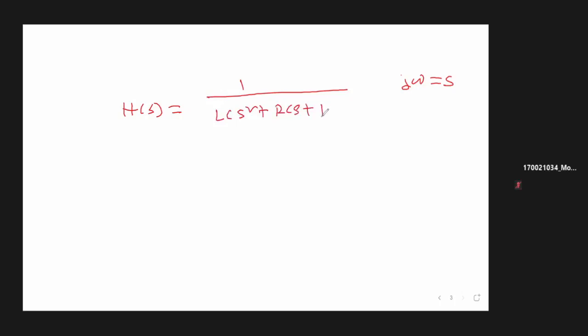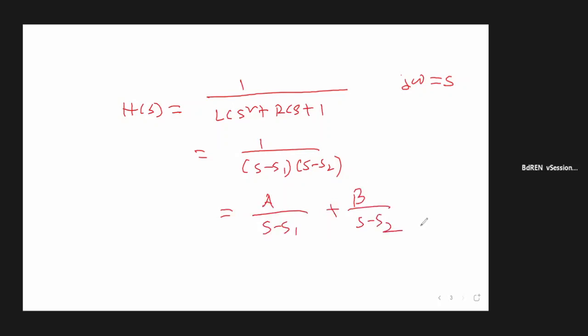Yes, sir. Then can't we, for example, factorize it into this form, (S minus S1) into (S minus S2)? Can you do that? Yes, sir. Then can we put into this form, say A divided by (S minus S1) plus B divided by (S minus S2)? Can you do that? Yes, sir. Then your h(t) equal to what?